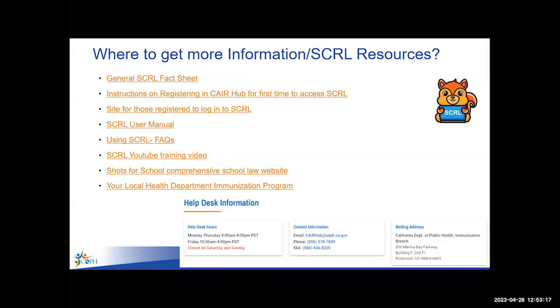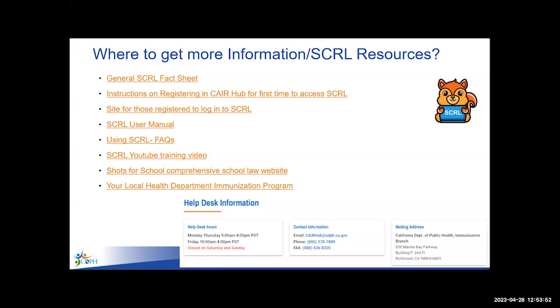And the last question is, where to get more information about Squirrel and resources? Here's a list of active links and resources, which include the Squirrel fact sheet, instructions on registering in CAIR Hub to access Squirrel, the website to log into Squirrel for already registered users, Squirrel user manual, FAQs, training video, school immunization laws webpage, and your local health department immunization program.